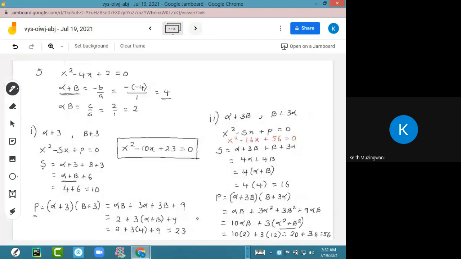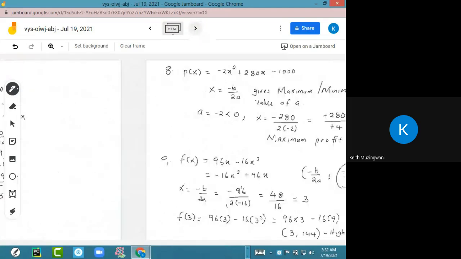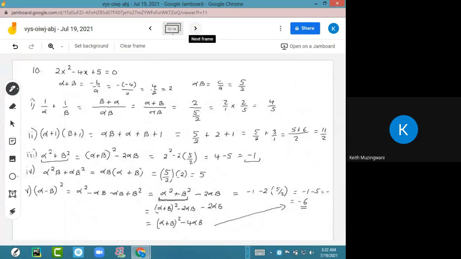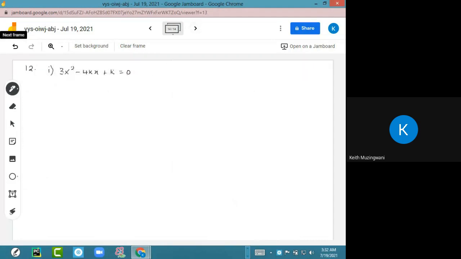So now, looking at this, it must have real roots. So we require that b squared minus 4ac should be greater or equal to 0.